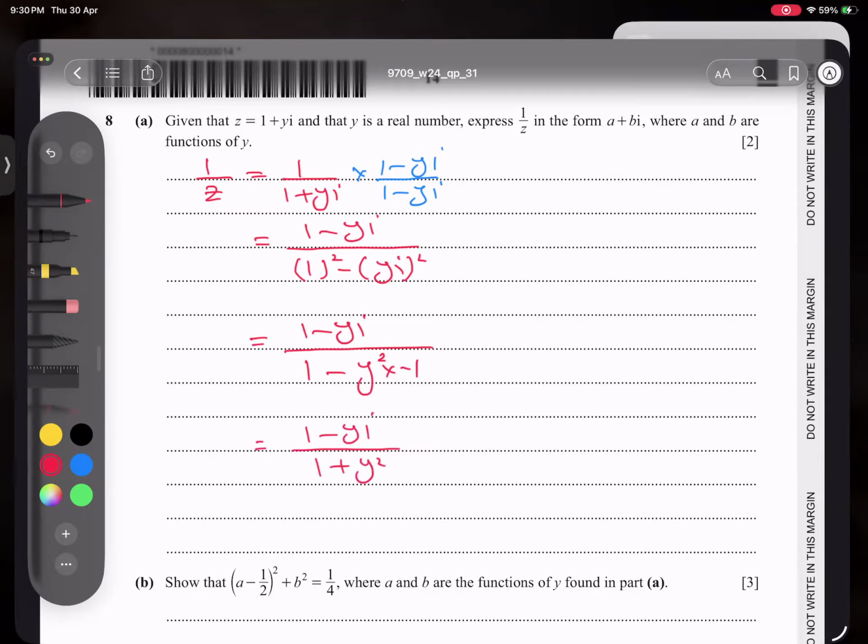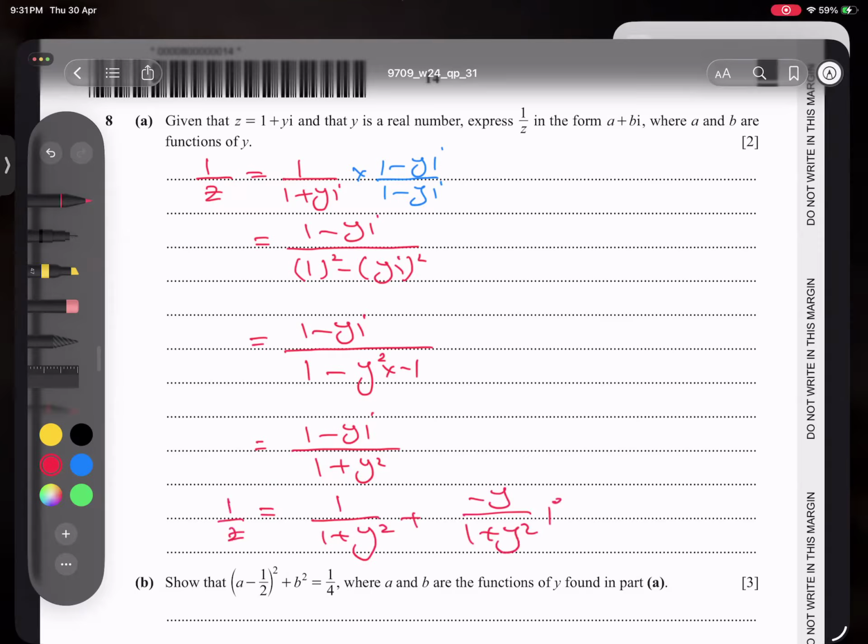If we check it, students, because we have to give it in complex form, real part by real part, imaginary by imaginary. So I can write 1 over 1 plus y^2, and negative y over 1 plus y^2 iota. So I think this part is clear, students, and we have done it.